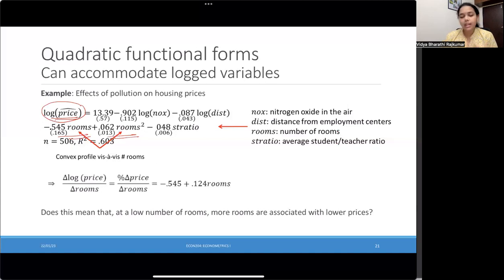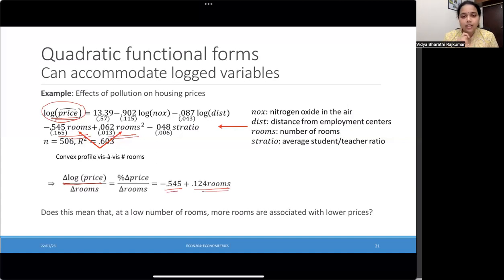If we go ahead and compute the partial effect of rooms, that is, if we want to see what the change in log price is when the number of rooms is changing, all I have to do is take the change in log price over the change in rooms. Using the principles of calculus, my result is going to be minus 0.545 plus 0.124 times rooms.